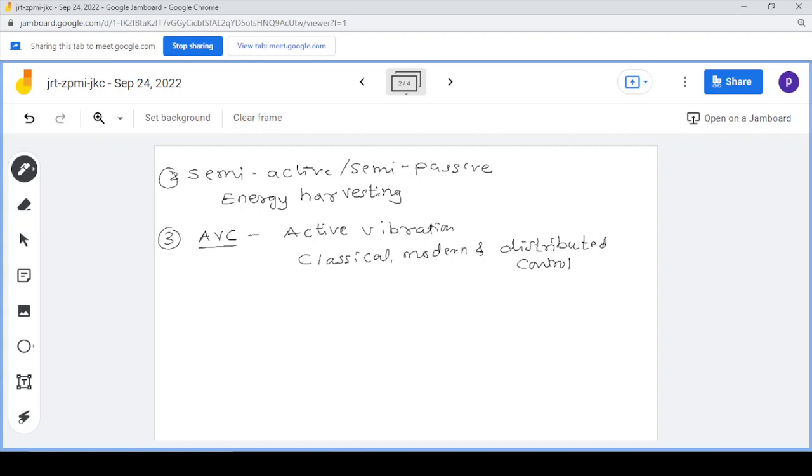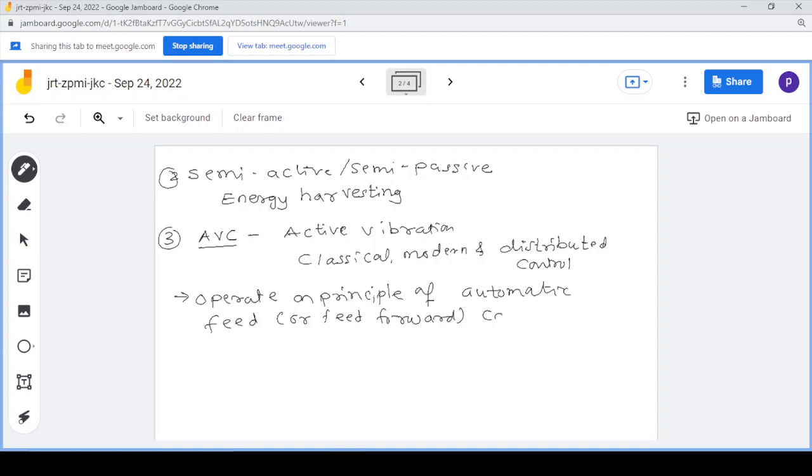In the contents, we will discuss the principles on which active vibration control works. Active vibration control systems operate on the principles of automatic feedback, or it can also be known as feed forward control.